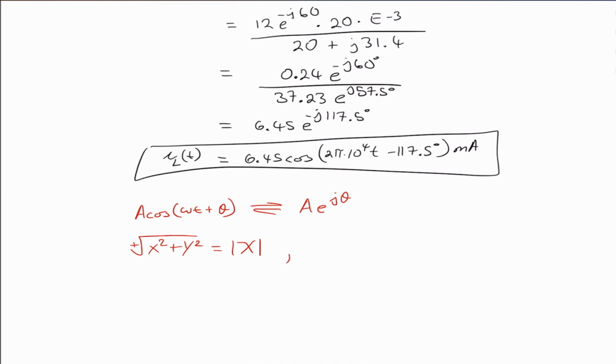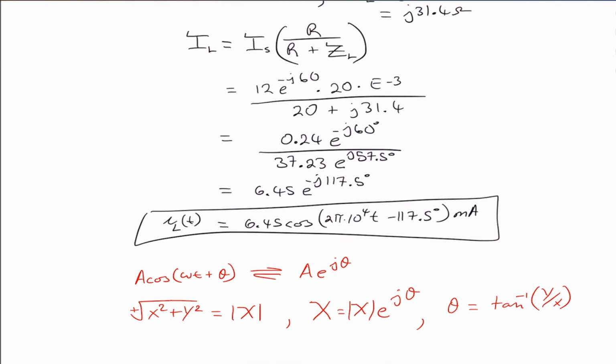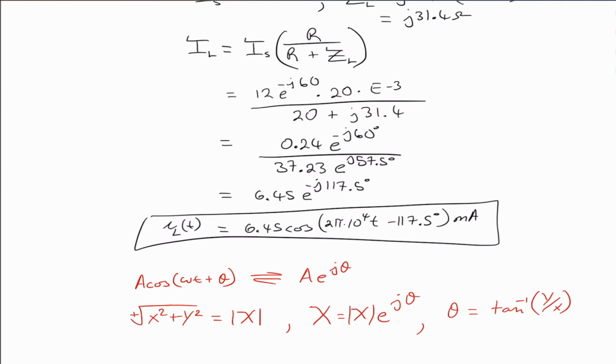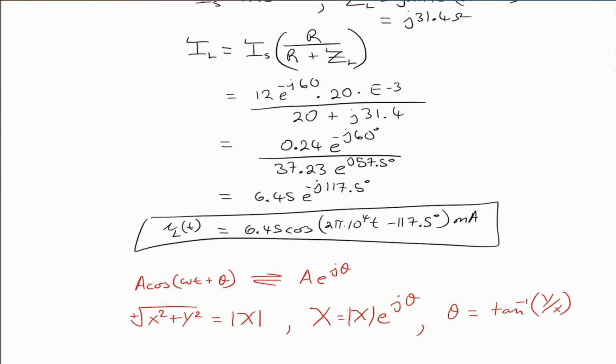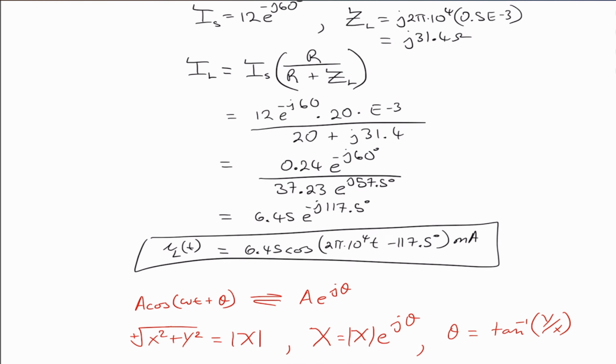And then we have that our phasor component X is equal to the magnitude of X times the complex exponential e to the j theta. Theta is equal to the inverse tangent of y over x. And basically that's all we used for our complex algebra.